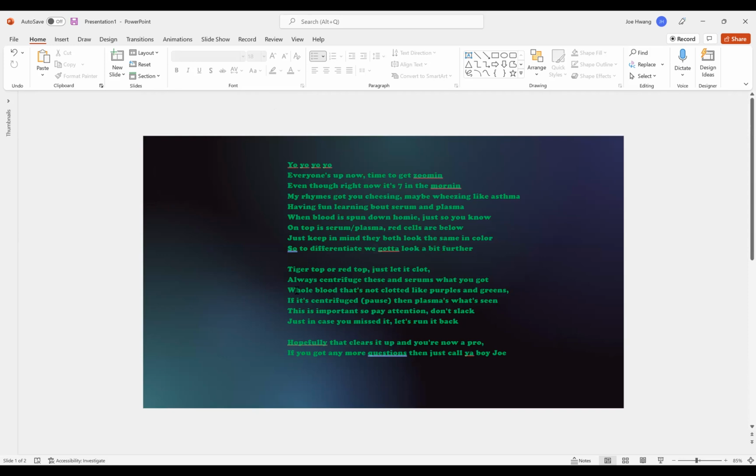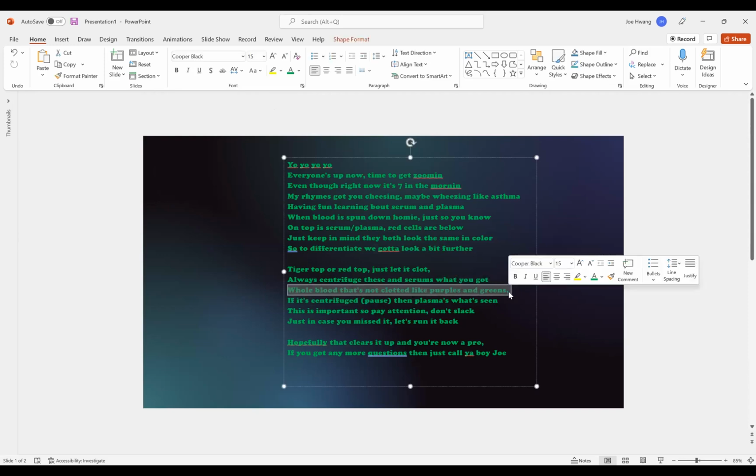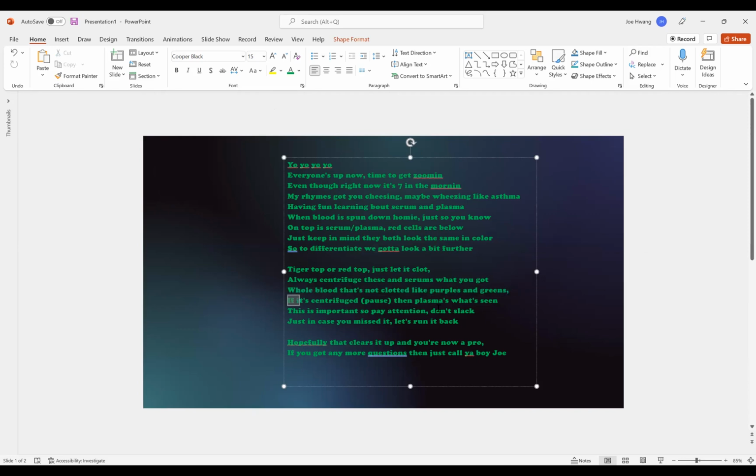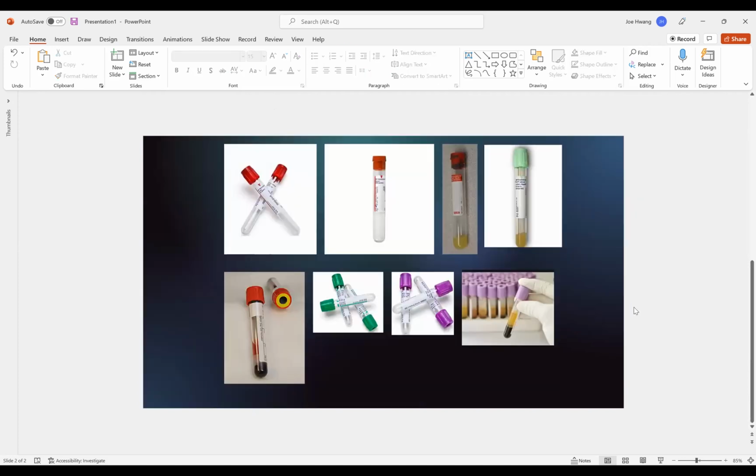All right, let's go back to our wrap. So whole blood that's not clotted, like purples and greens, if it's centrifuged, then it's plasma. So it doesn't matter if there's a gel barrier or not. The gel barrier purely separates the cells from the liquid part of the blood. What's important is if it's clotted or if it's not clotted. So that's really the main difference.